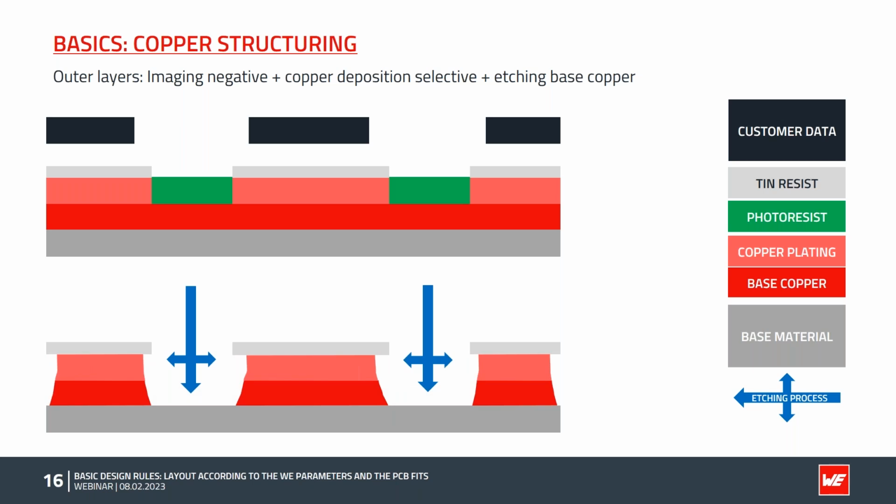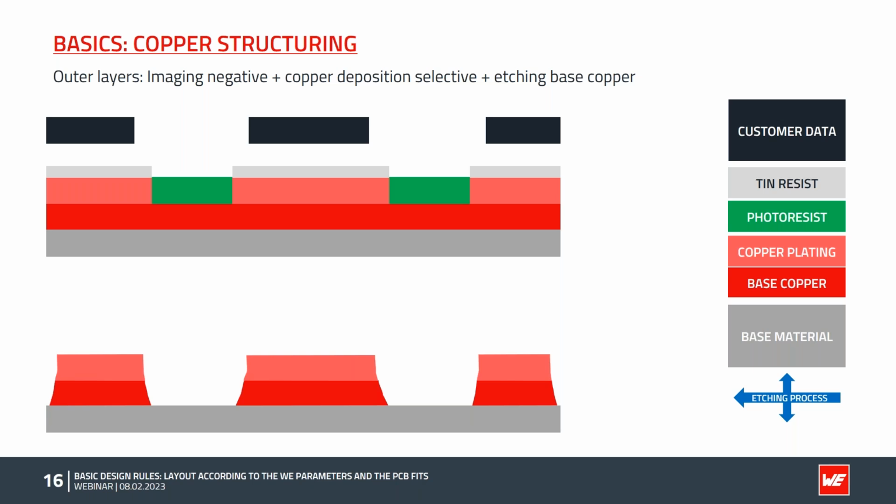And so here we are with the lines you have designed in your customer data. And the last step is removal or stripping of the tin resist. So that's the way how copper is structured according to customer data on outer layers by negative imaging, by a selective copper deposition, and by etching the base copper.